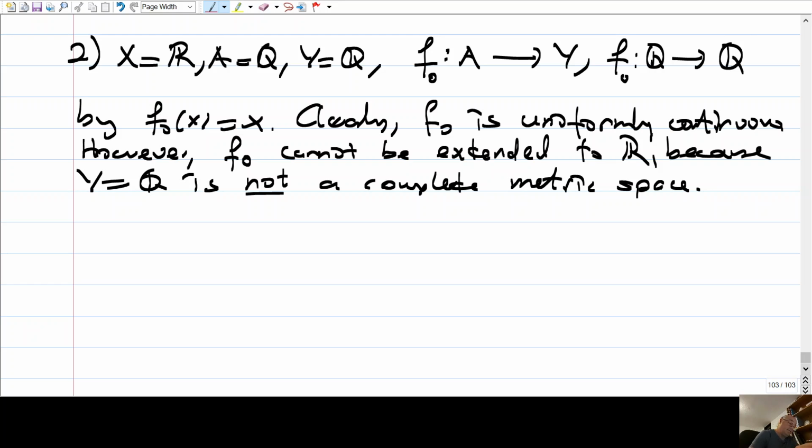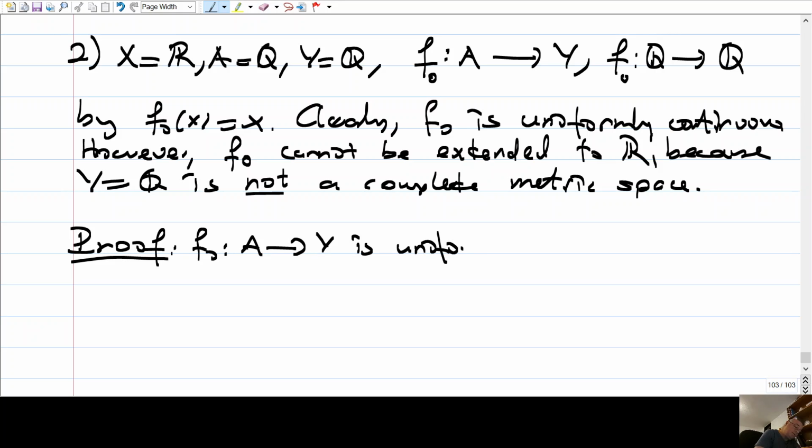Okay. Now, for the proof, so we have what? f0 from A to Y is uniformly continuous. This is given.